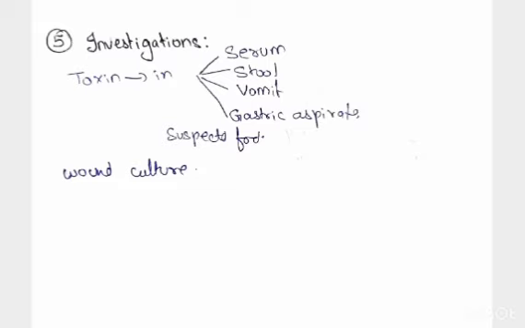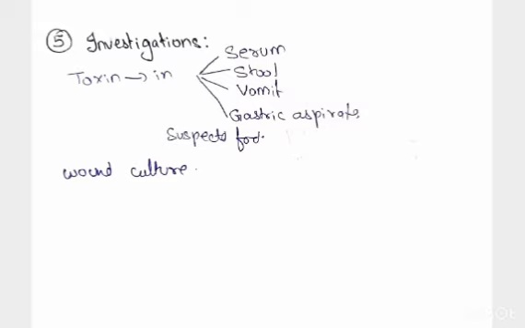Once the person has ingested food which is contaminated with the bacteria or toxin, the toxin will be released in his system. So in serum you will check it, and it is entering the GI tract obviously. So what you have to see is vomitus, stool and gastric aspirate.